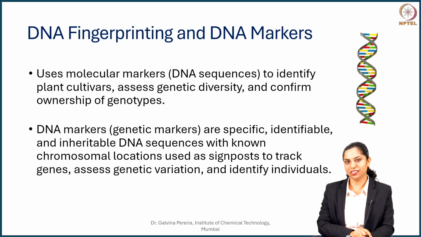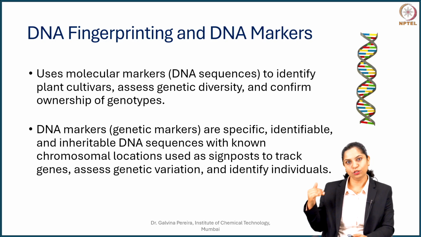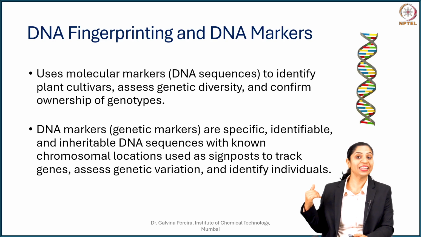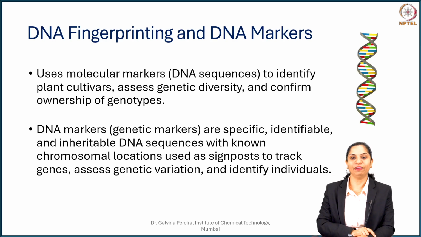So, DNA markers are basically genetic markers that are very specific for a plant species, identifiable by their base pairings, and inheritable. From the plant to the offspring they will be carried, and that is how you have your paternity test. It is very much the same in the plant family as well. The offspring will inherit the parent DNA, and with known chromosomal location they will help us track these genes, assess variation and identify the plants.